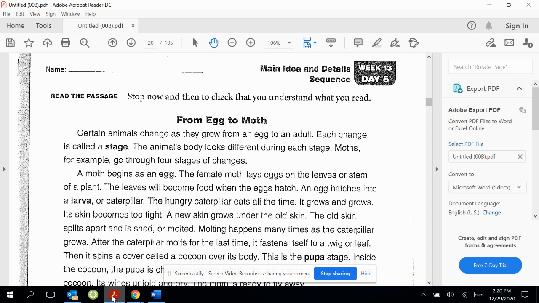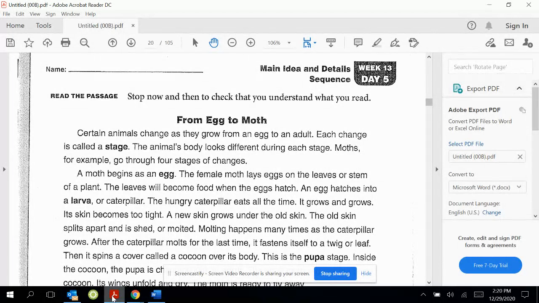All right, today is week 13, day 5, and we're going to talk about main idea and details and also sequence. You will be reading about how a caterpillar becomes a moth. We're going to monitor our comprehension as we do this, checking to make sure that we're understanding what we read.